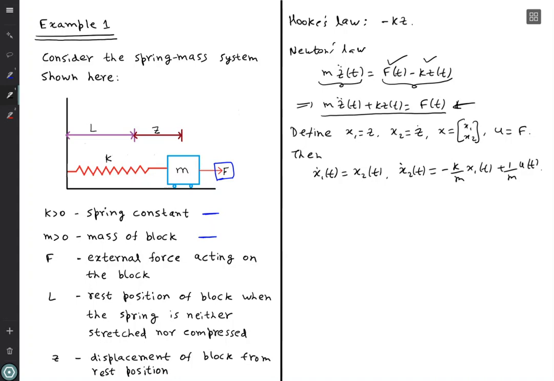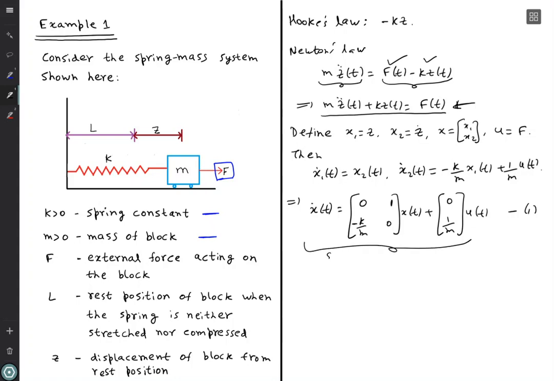Now I can write this equation in matrix form as follows. x dot of t is [0 1; minus k by m 0] x of t plus [0; 1 by m] u of t. Let me label this equation as 1. This equation is the state equation for the spring mass system.